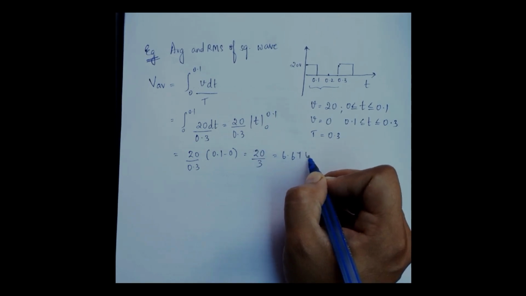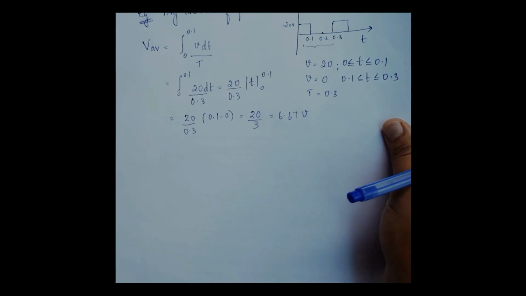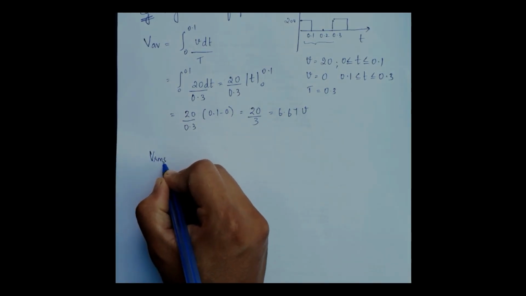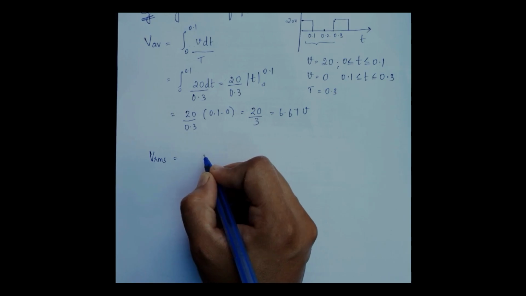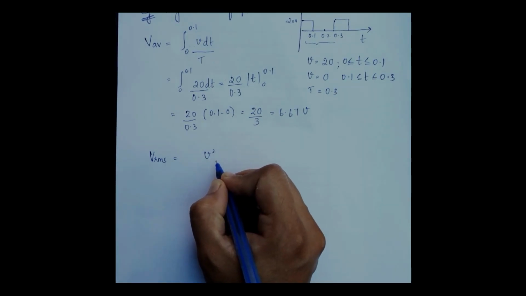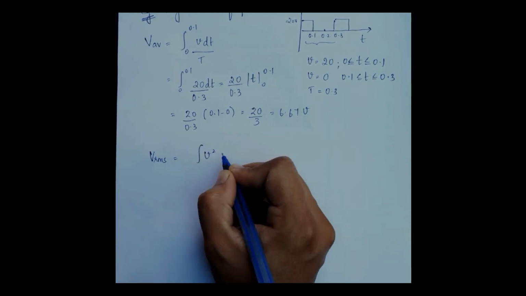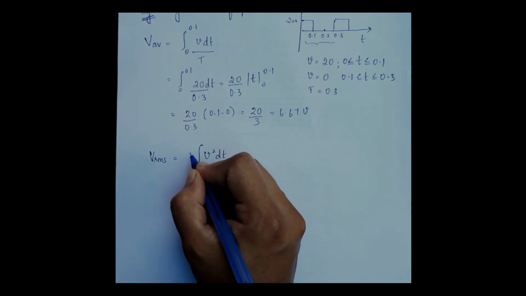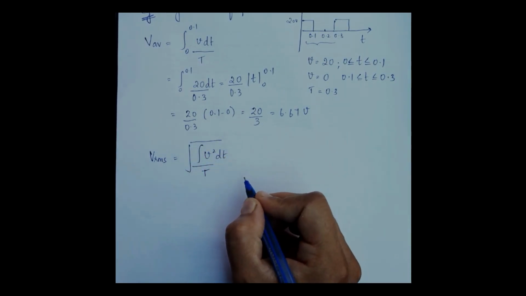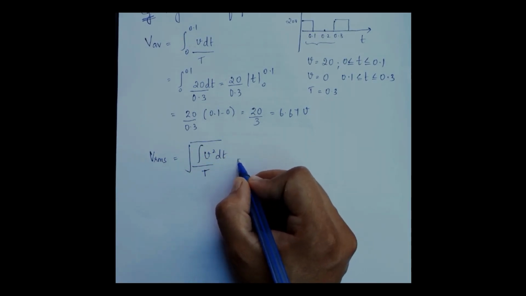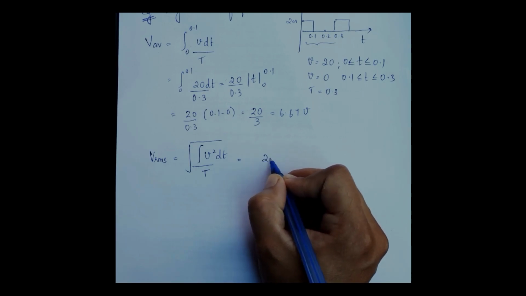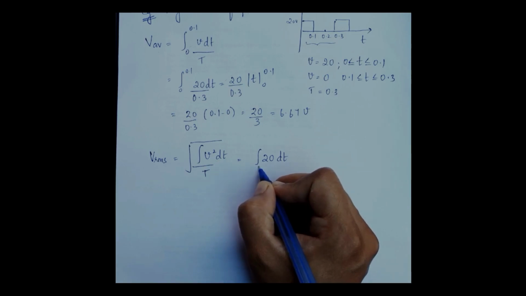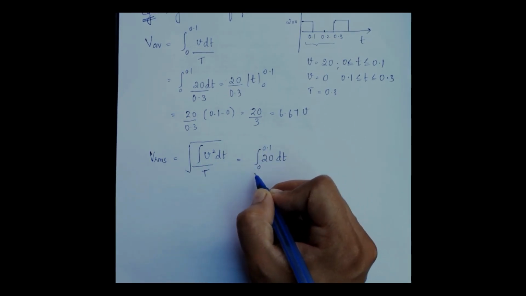Now let's find the RMS value. For that, first square the voltage, integrate it, and then divide by time period and take the square root. Now put the values. 20 dt, integral from 0 to 0.1. I'm taking only 0.1 because the rest is 0.